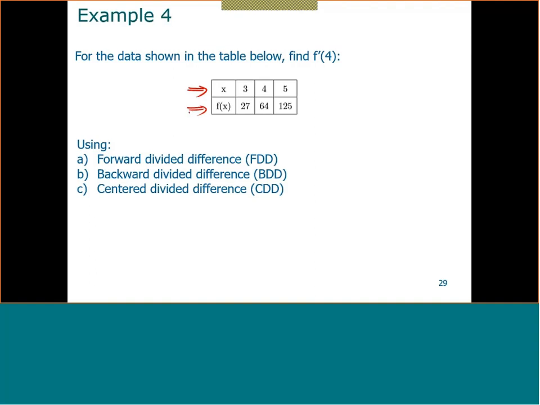So we have three numbers, 3, 4, and 5. So these are my independent variables, and this is f of x. We have these three numbers, and we want to find f prime at 4. And you can see here, I cannot say, for example, I want to have f prime at 3.5 because I don't have 3.5 here. Okay, so I cannot find it.